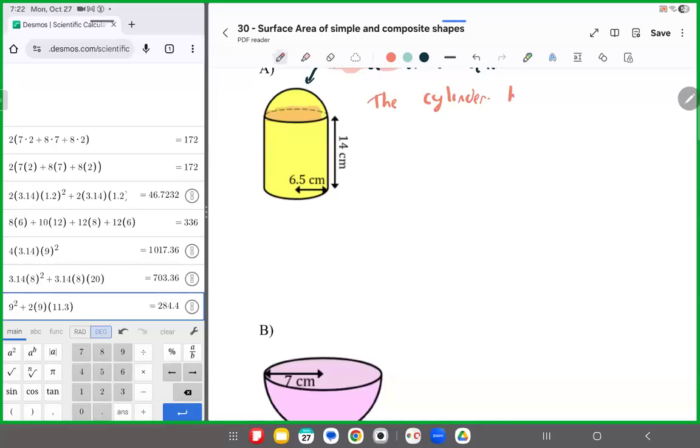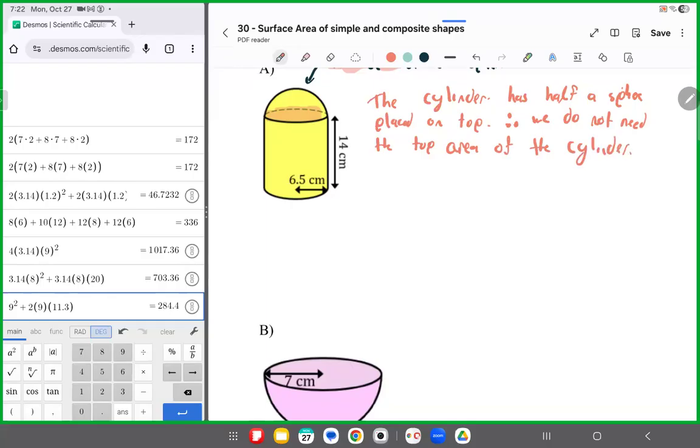The cylinder has half a sphere placed on top. Therefore, we do not need the top area of the cylinder.